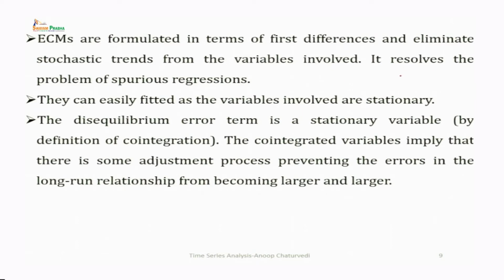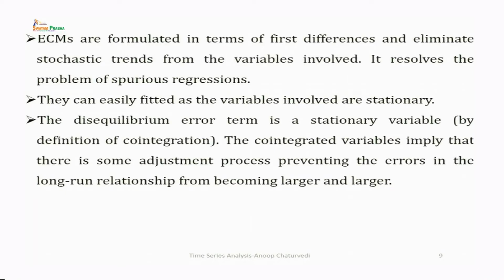Now, this resolves the problem of spurious regressions, because if your regression involves I1 variables, then you face the problem of spurious regression. And since your error correction representation does not involve any I1 variables, it resolves the problem of spurious regression.